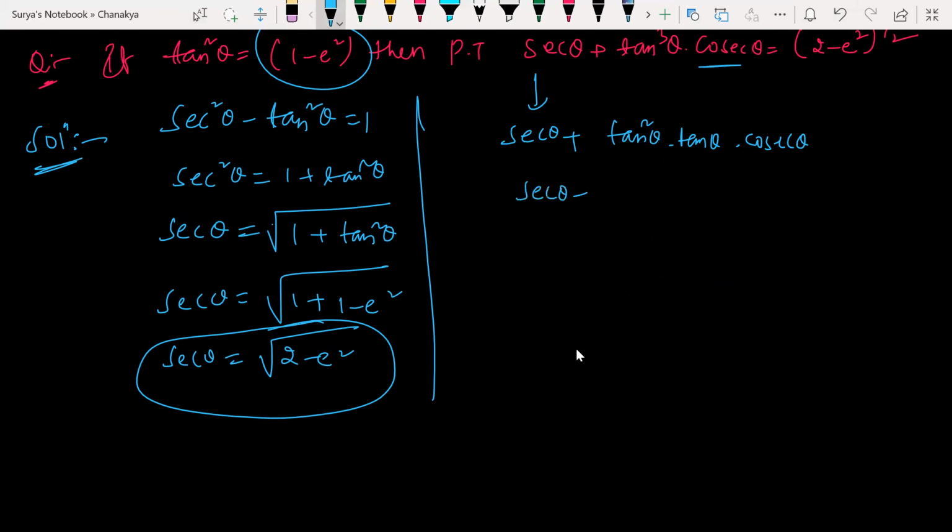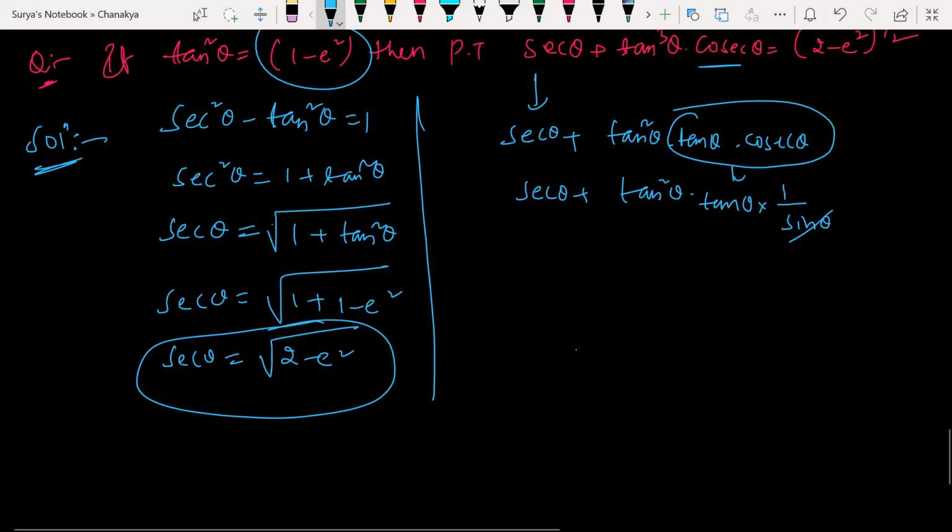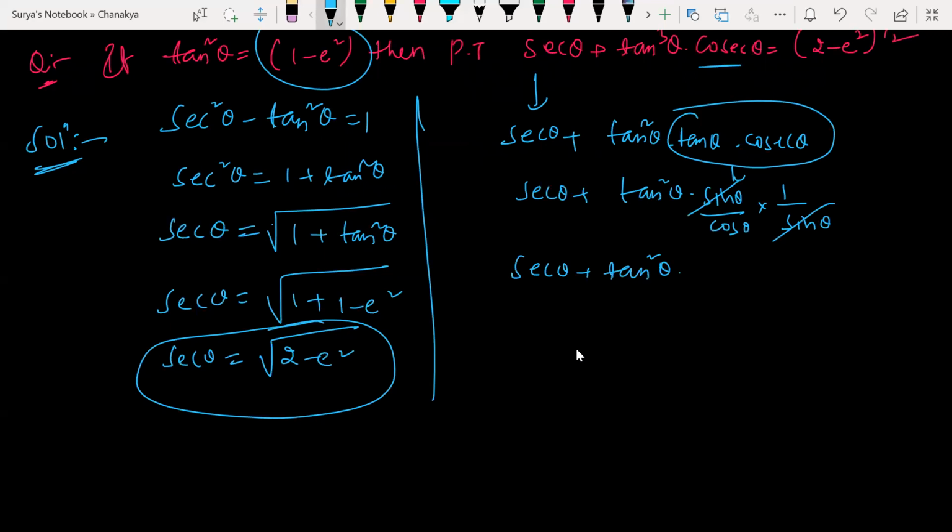So secant theta plus tan square theta into this, what does it give me? Tan into cosec gives secant theta, 1 by cos remains. So secant theta, can I take it common here? 1 plus tan square theta.